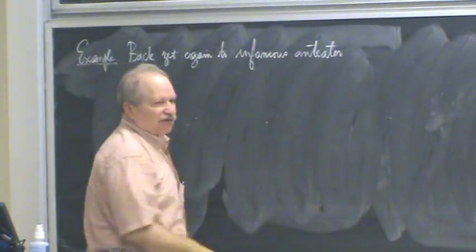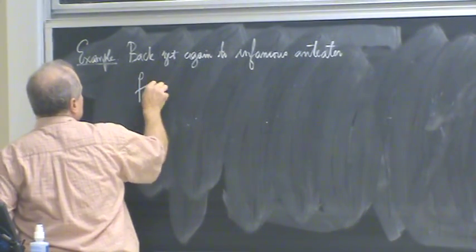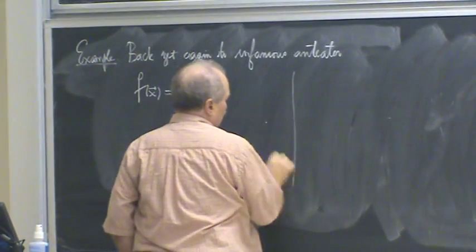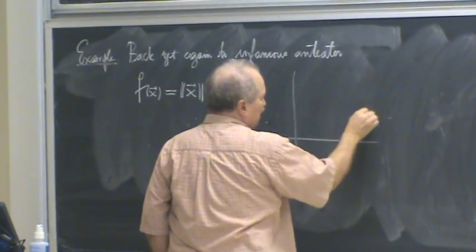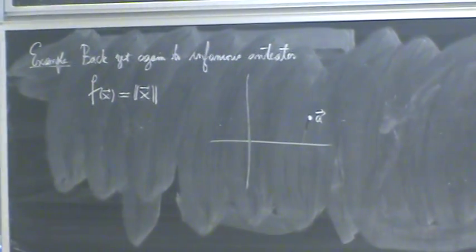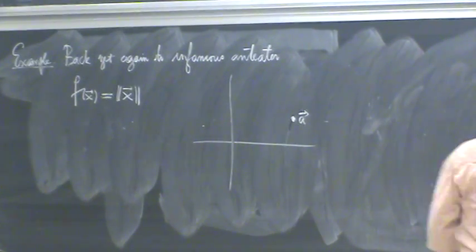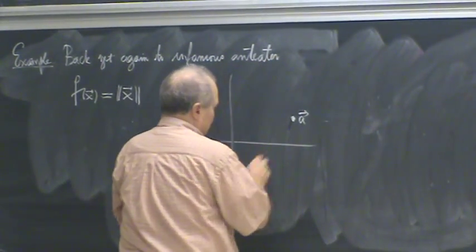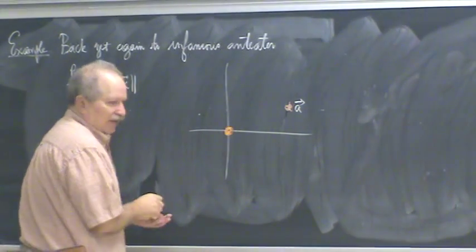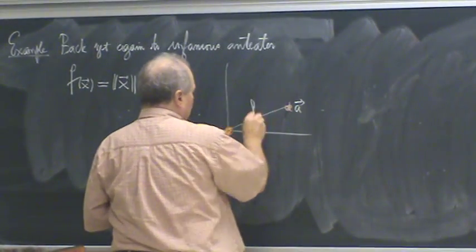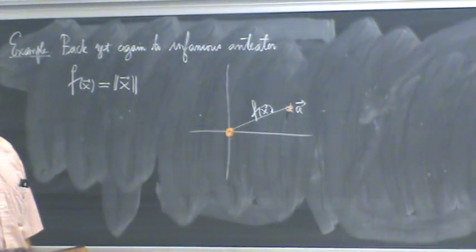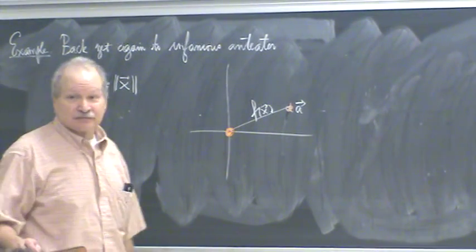So we were looking at the function distance from the anteater, which was distance from the origin. And I'm at some point A, and you'll recall that the ant is sitting over here somewhere, and the big scary anteater is here, and the ant is trying to figure out how to get away from the anteater as fast as possible.